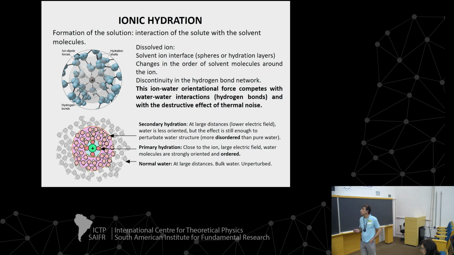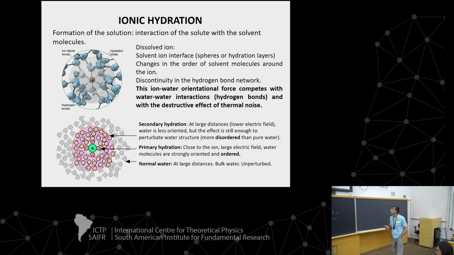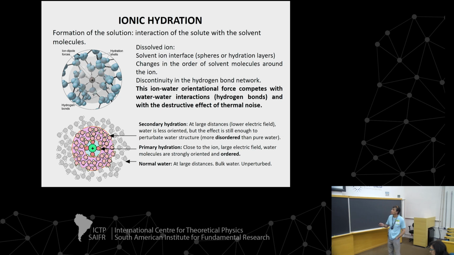In certain consideration, we can think of this as if we had a primary hydration here, which is the first shell around the ion. Very close to the ion, you have a high electrical field, so these water molecules are strongly oriented and very ordered, much more ordered than in the bulk.